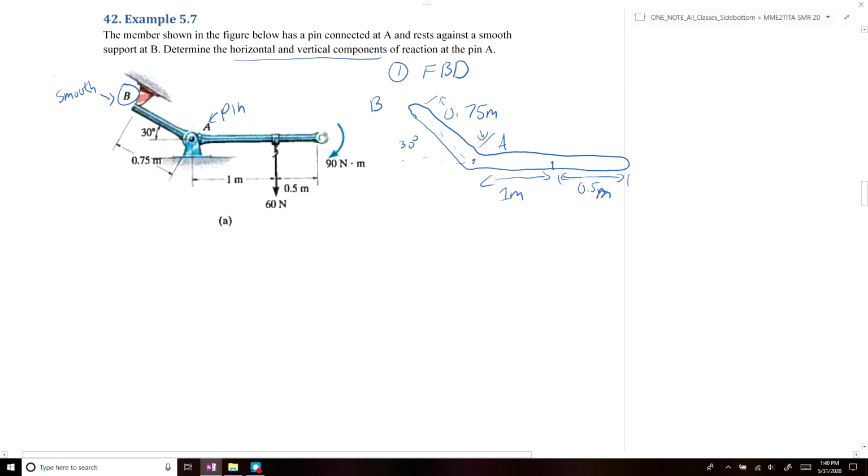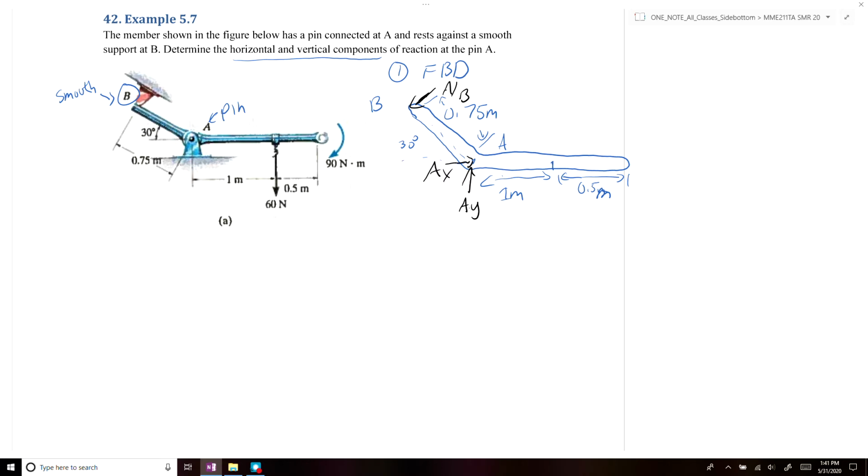Once we have all of our dimensions written, we can apply all of our reaction forces. At point B, we'll have a reaction force, NB. At point A, we'll have reaction forces Ax and Ay due to the pin there. A pin allows for rotation but no translation, while a rocker joint allows for rotation and translation along every direction except normal to the point of contact.